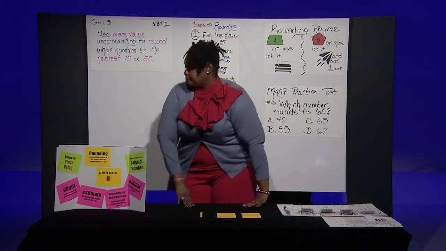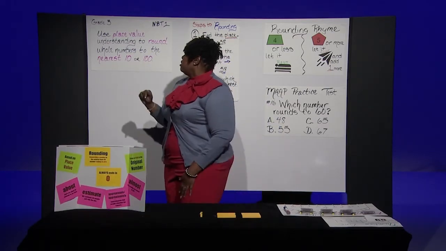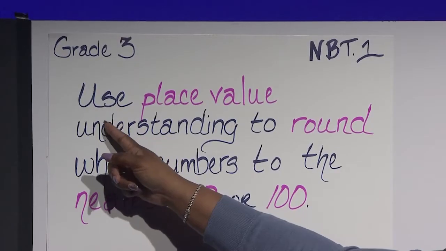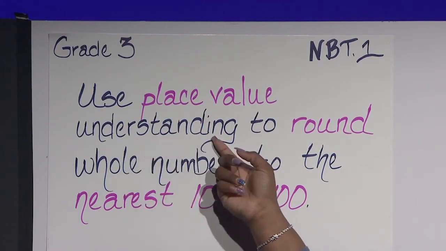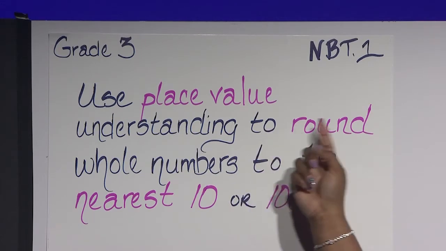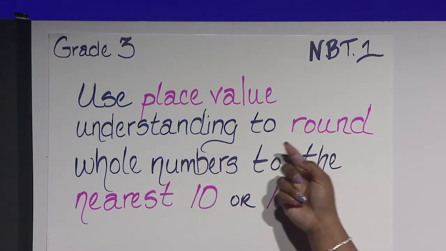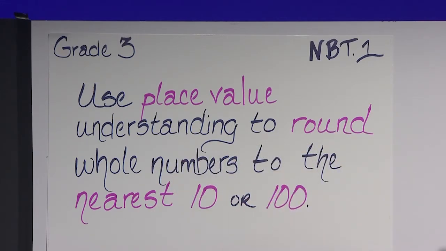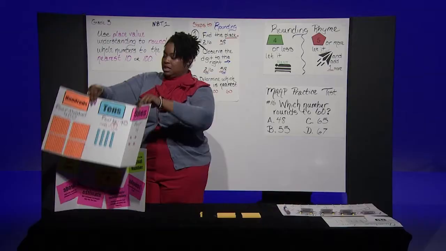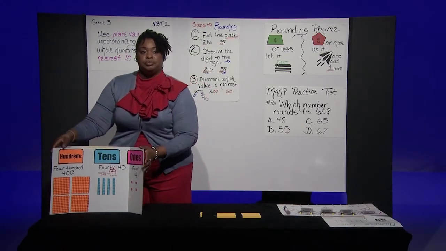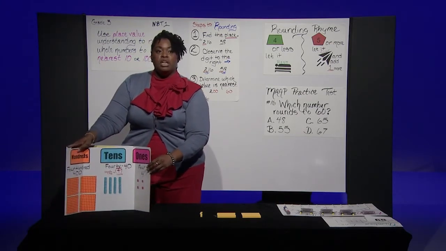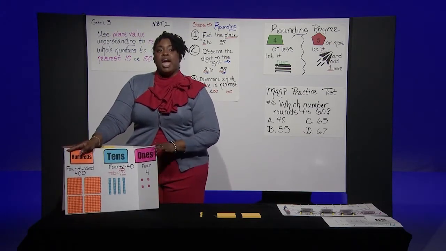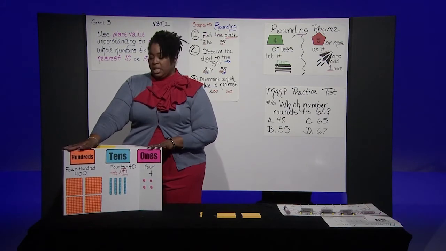Now, let's go back to our standard. The standard also says use place value understanding to round whole numbers to the nearest 10 or 100. Let's look at our place value, because before we can really get into our standard, we have to be able to understand place value.